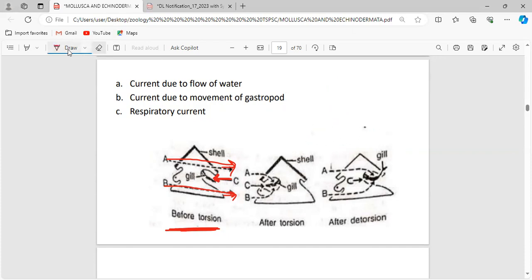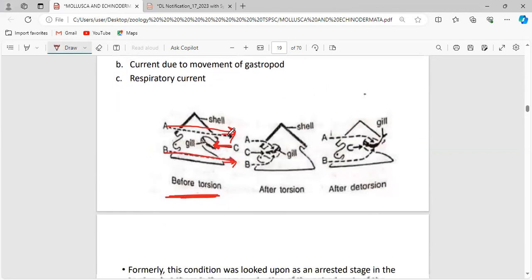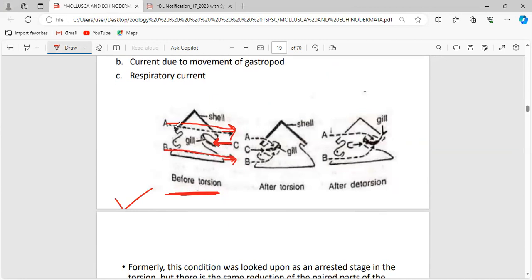So you should remember that before torsion, the animal will be symmetrical. After torsion, the animal will be asymmetrical. See, before torsion, this is the position. This is a shell, we know that, and this is the gill, we know that. And after torsion, see, everything will be here, right?